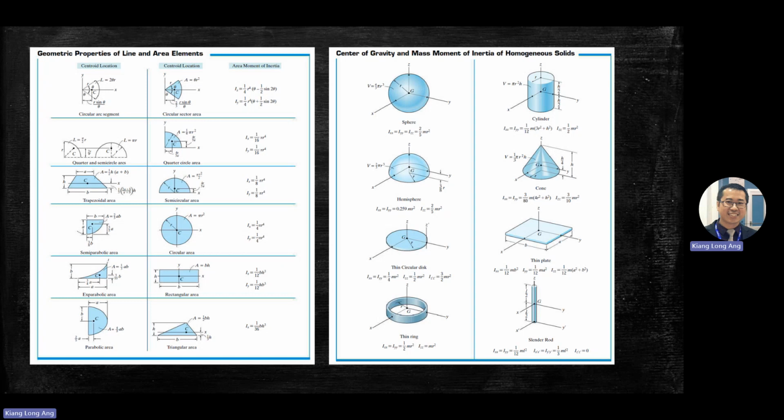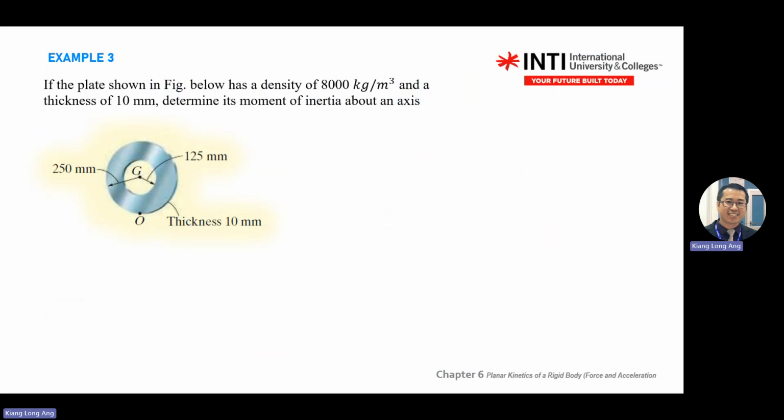You look from the top, you use the z-axis. Same with this one, the rod. Just now our rod had half h, half h, so same. If you combine this one and this one, you still arrive at half m r square. So here you have a few. Get familiar with this table.